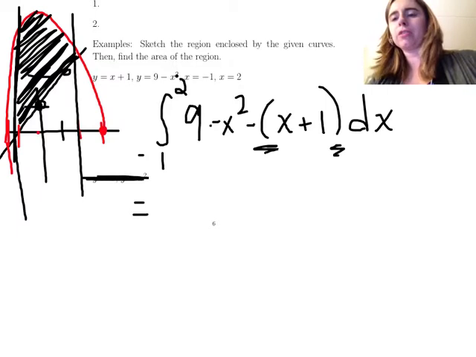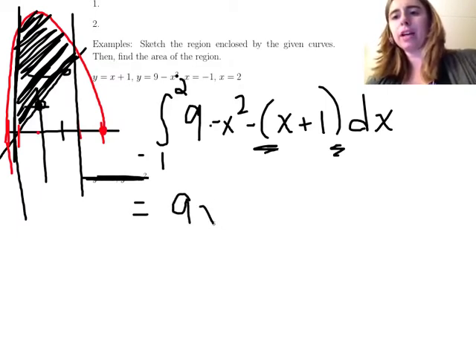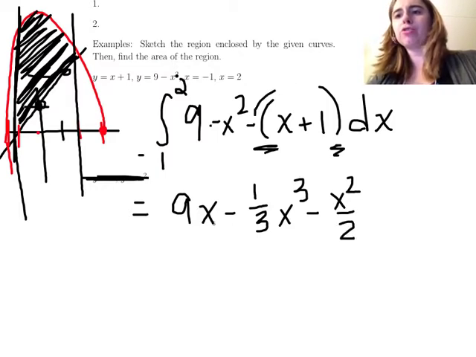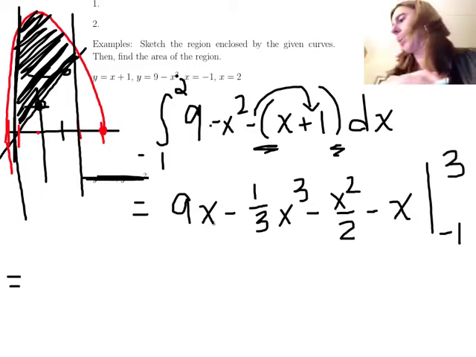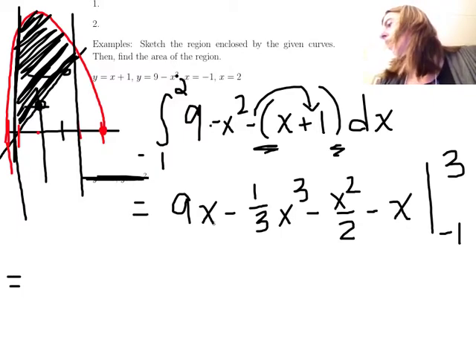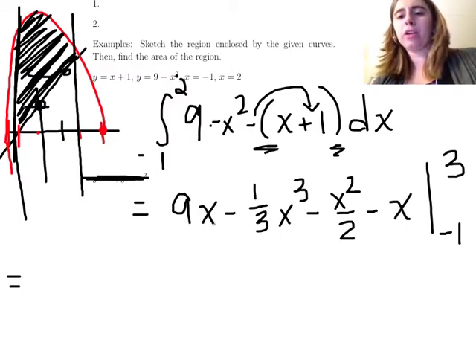Let's just mark this other example out. So we have 9x, if we integrate that, minus 1/3 x cubed. This is going to become minus x squared over 2. And if we're careful here and distribute our negative, it's going to be minus x. And we'll evaluate that from -1 to 3. So that means you're going to plug in 3 all the way across, and then we'll plug in -1 all the way across.